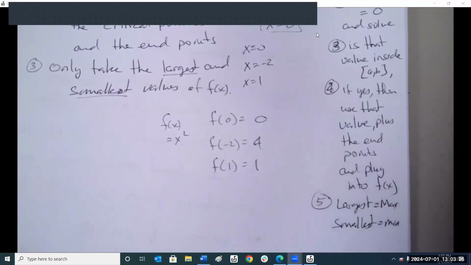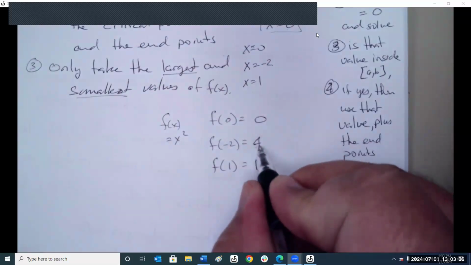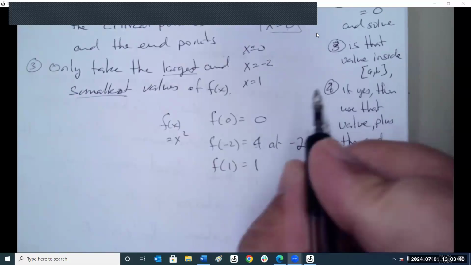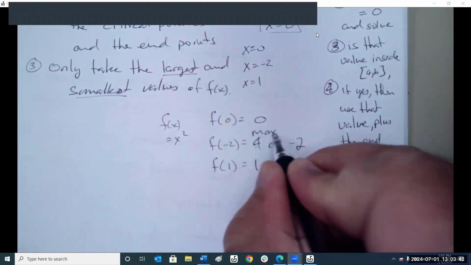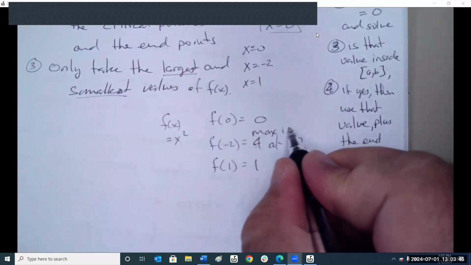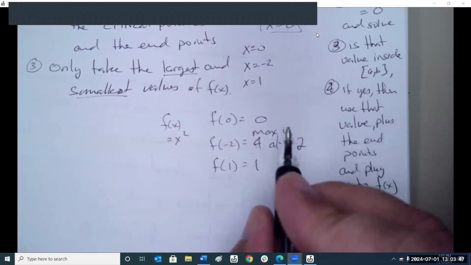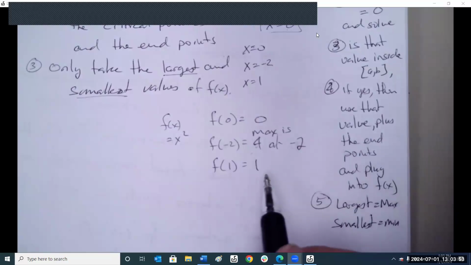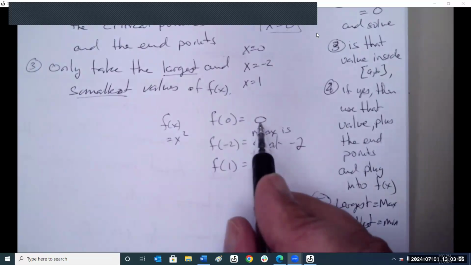So which one's the maximum and minimum? Yeah, so the max is 4 at -2. The max is 4 at -2. What else? Is it 1?